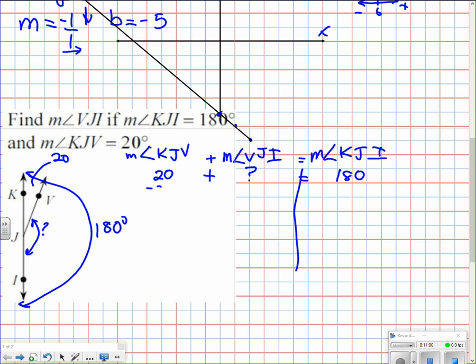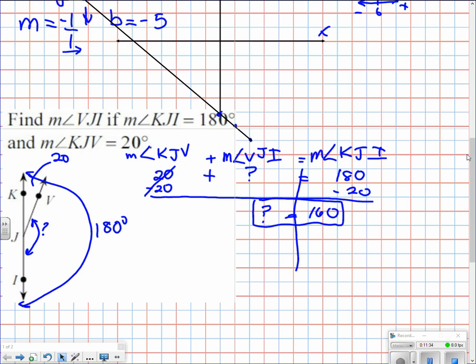I'm going to do minus 20. What you do to one side, you must do to the other side. These are opposites. They're going to cancel. You have question mark is equal to 180 minus 20, which will give you 160. And that's the answer. Okay. So yes, the small angles will be equal to the biggest angle of them all.